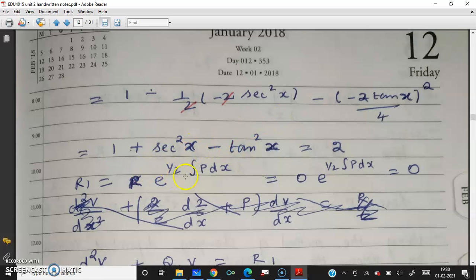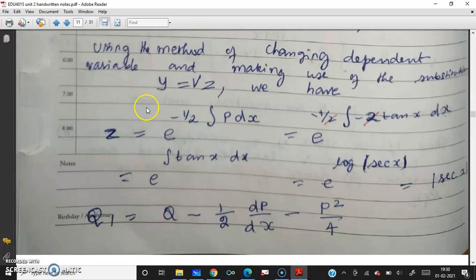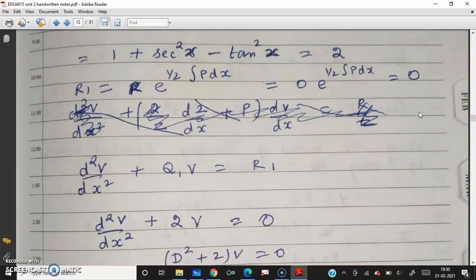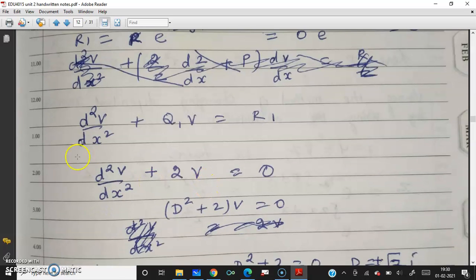So we got here r1. R1 is another formula. R1 is r times e power half integral p dx. Here r is 0, right? So we substitute this r here, that is 0 into e power half integral p dx. That is 0 only. So the formula becomes d²v/dx² plus q1 into v equal to r1.